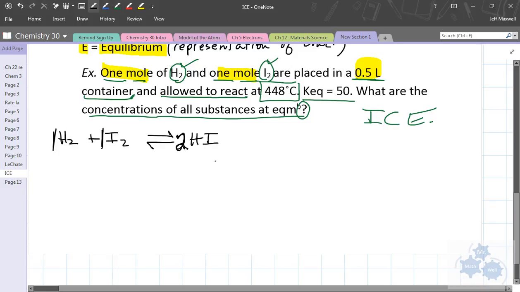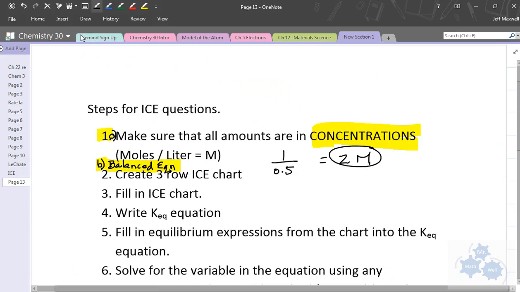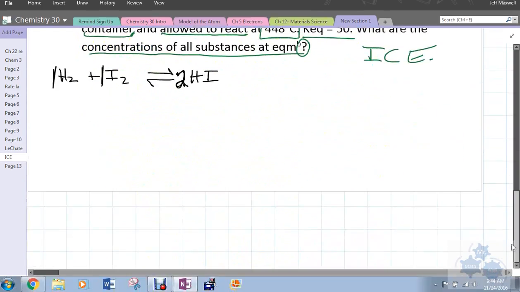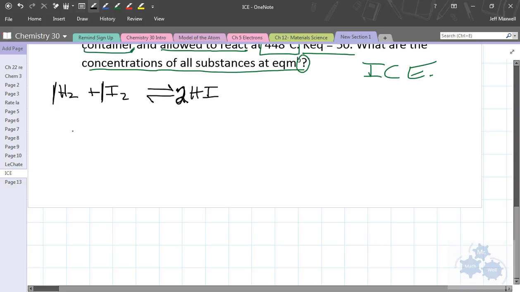Step 2 says create a 3-row ICE chart. Number 2, if you want to write that down. I.C.E. Make a 3-row ICE chart, 3 rows.